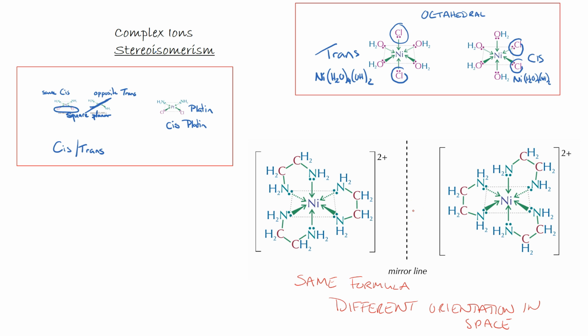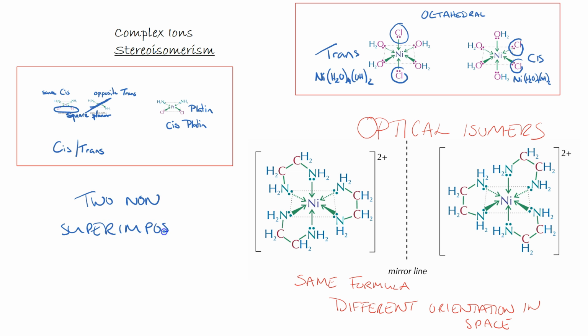You may remember from your organic chemistry, we describe these as optical isomers, as two non-superimposable mirror images. And if you can remember the term here, we describe these as enantiomers.